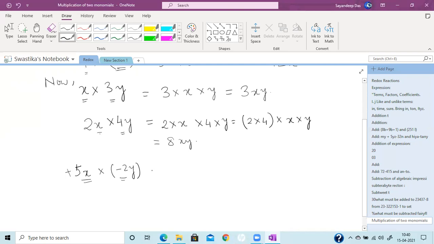First of all, you have to multiply the signs of the two monomials. The first monomial is plus, into the second monomial which is minus. So plus into minus is minus.